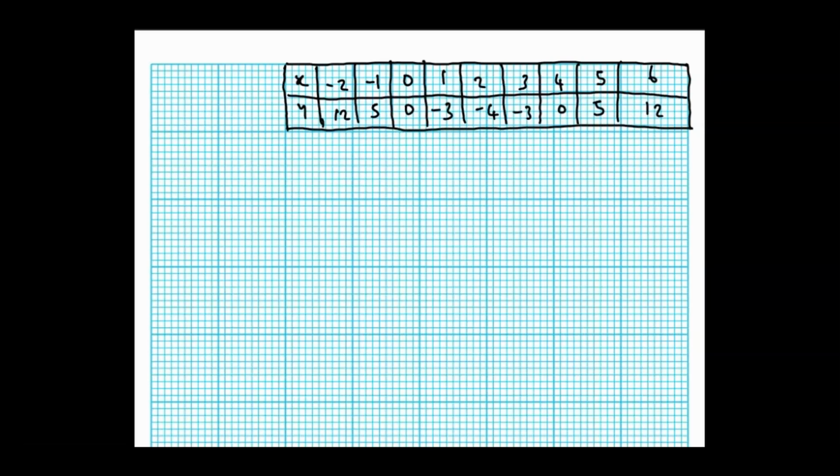Then we look also at y. What is the smallest value of y? The smallest value of y is minus 4, and y is not arranged in any particular order. So minus 4 is the smallest of y. What is the largest, the biggest value of y?